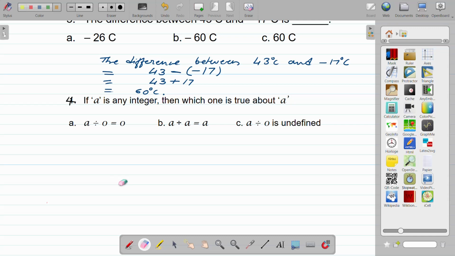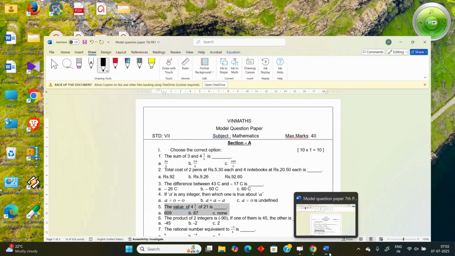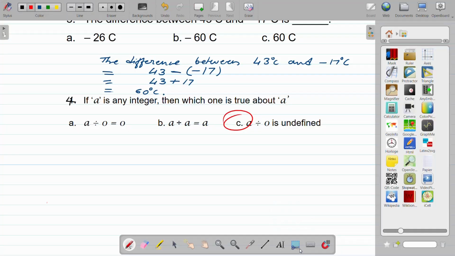Okay, let's solve the next question. Answer for this one is C. Fifth question. The value of this and this. It's also very easy. I will give you 2 minutes to solve.